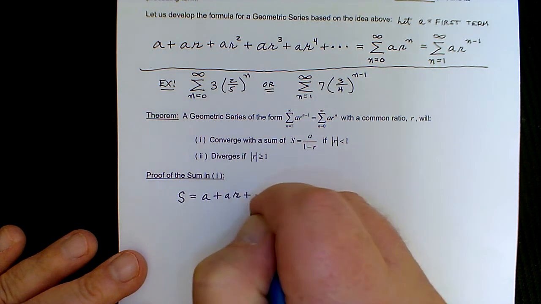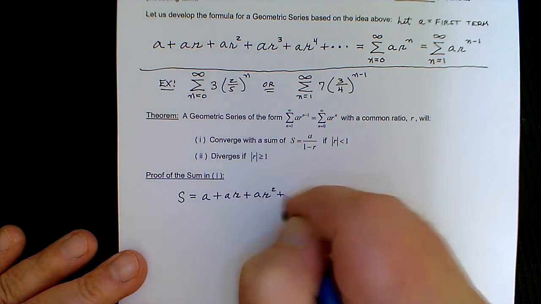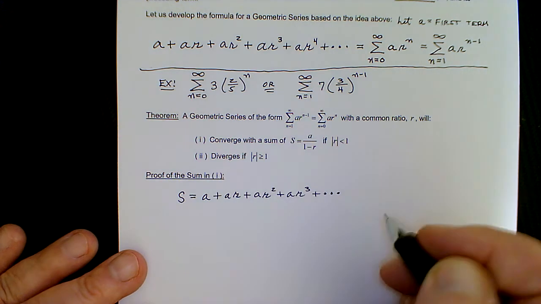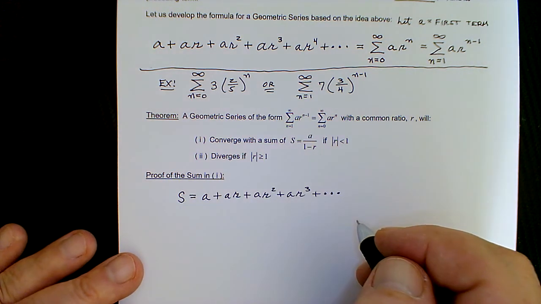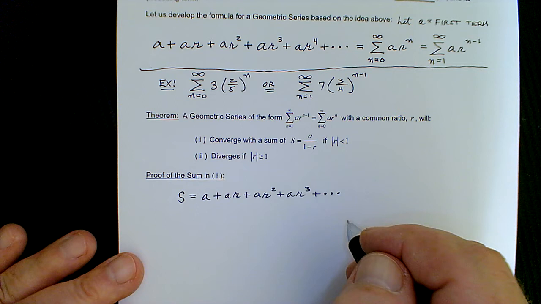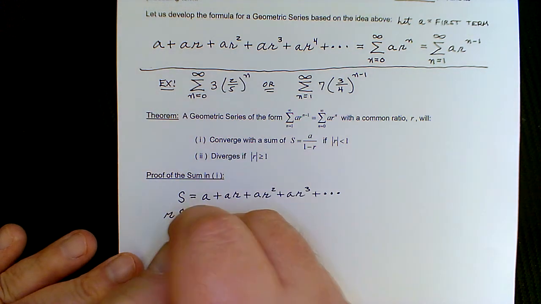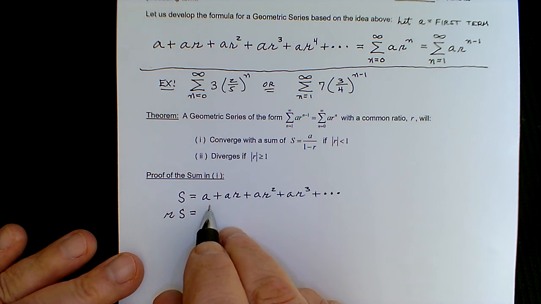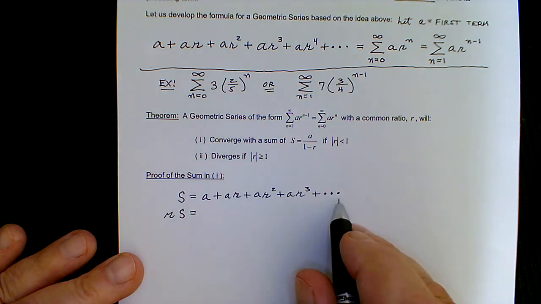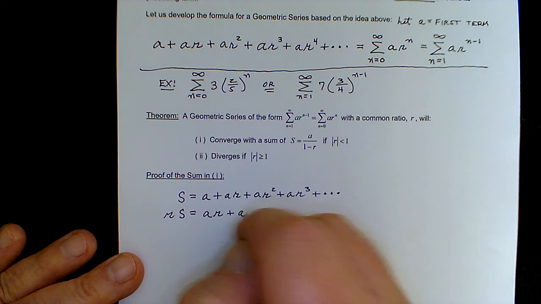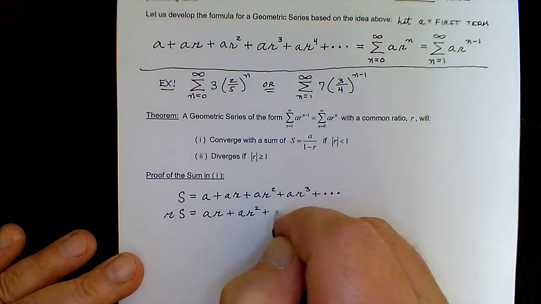What I'm going to choose to do here is multiply everything by r. So I'm going to have rS equaling, and I'm going to distribute the r and multiply all of these by r. So I would get ar plus ar squared plus ar cubed plus ar to the 4th, and so on.